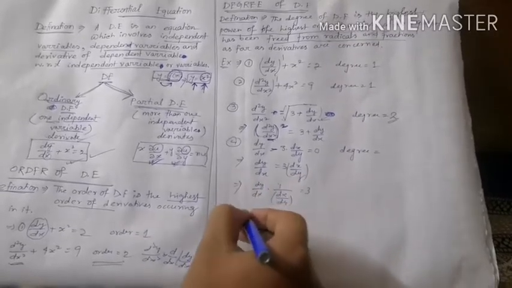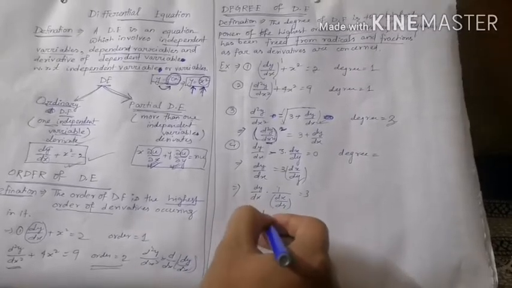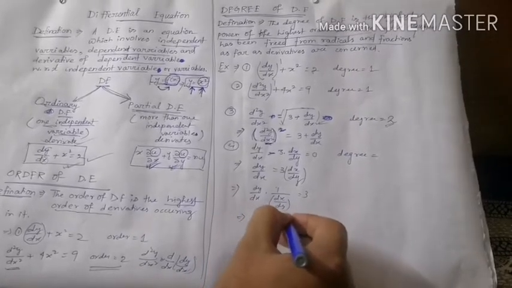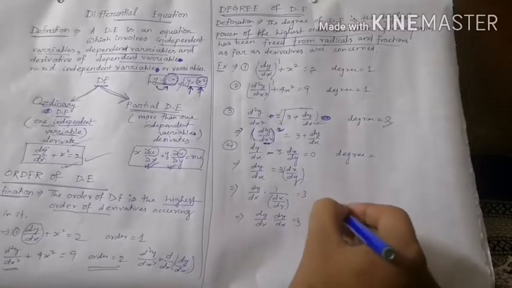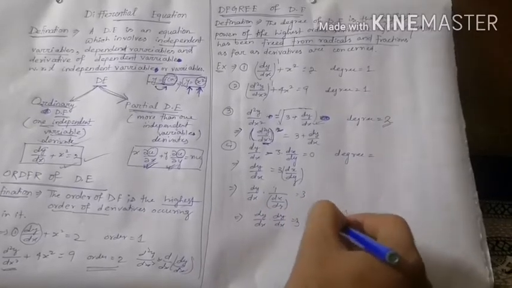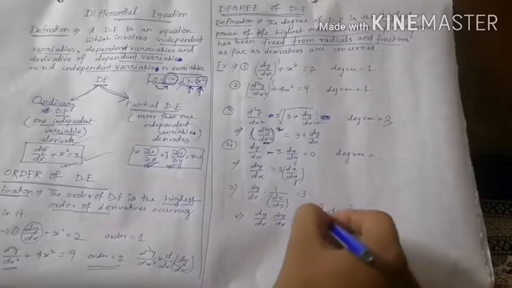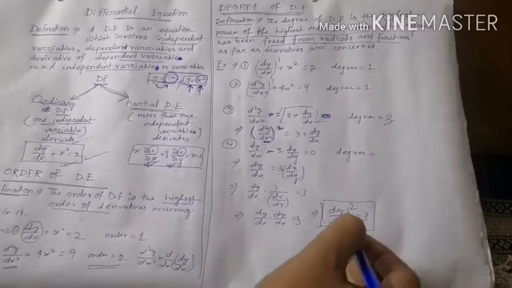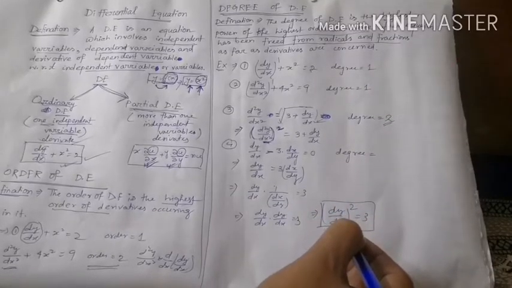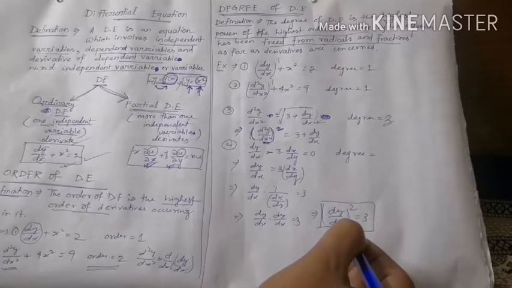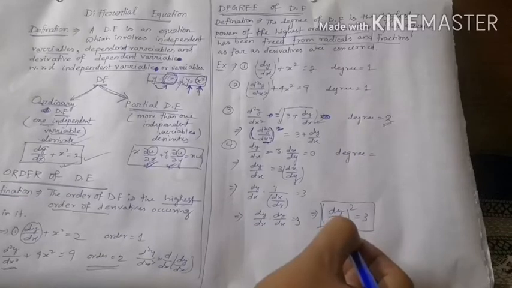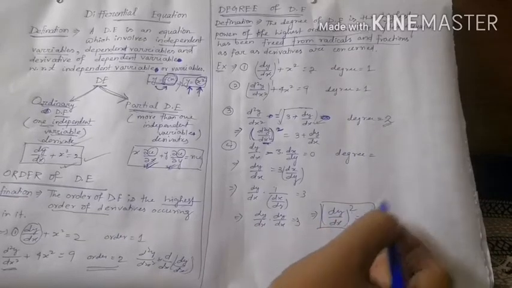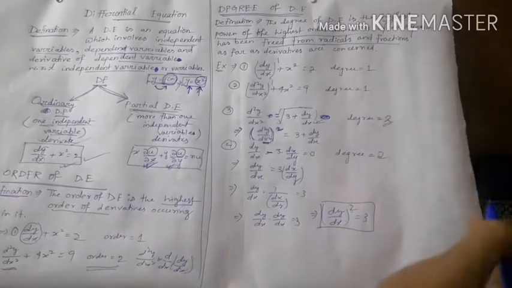So we will get dy/dx into dy/dx equals 3. After that we will get (dy/dx)² = 3. Here the highest order derivative is 1, so here the order is 1, but the highest power of the highest order derivative is 2. So here the degree should be 2.